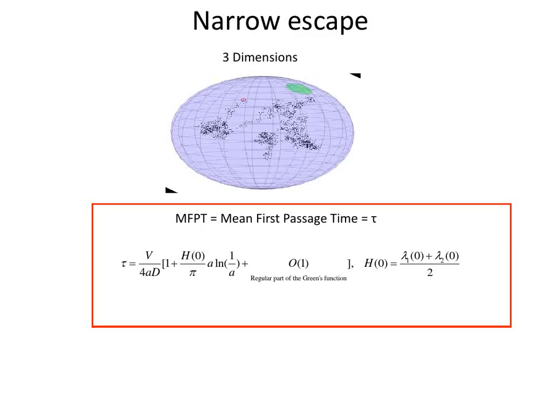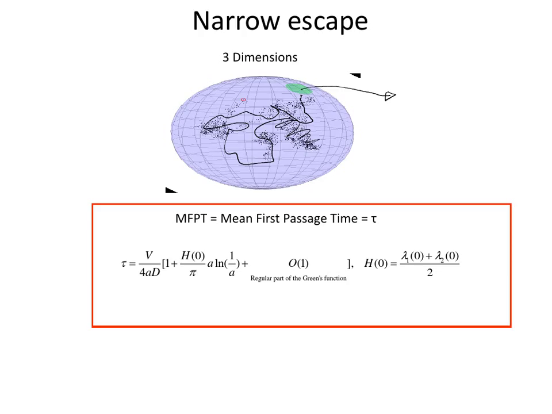We are interested in the mean first passage time for a Brownian particle moving inside the sphere to escape through the small hole, the small patch, which can be a small disk or a small ellipse or any convex shape on the surface of a domain.